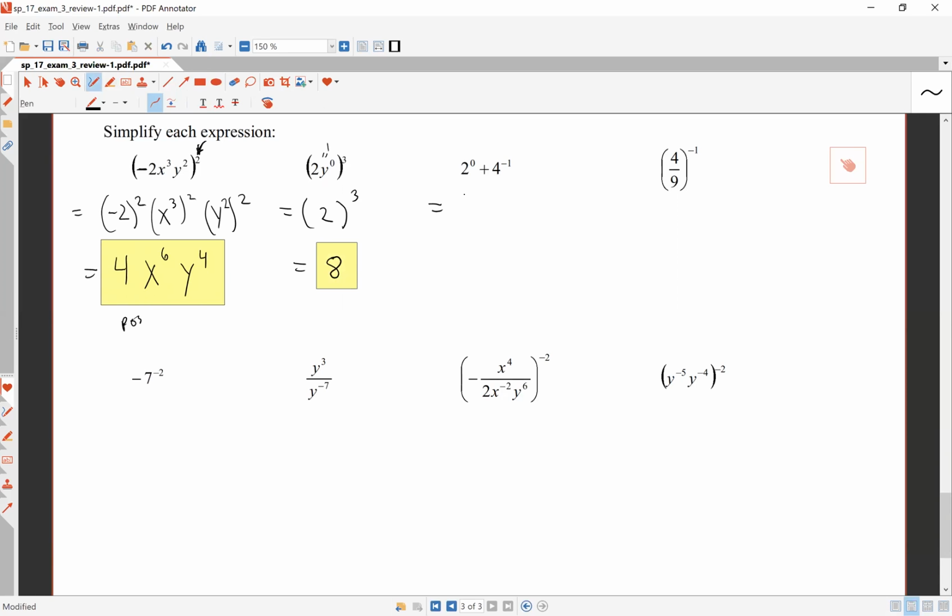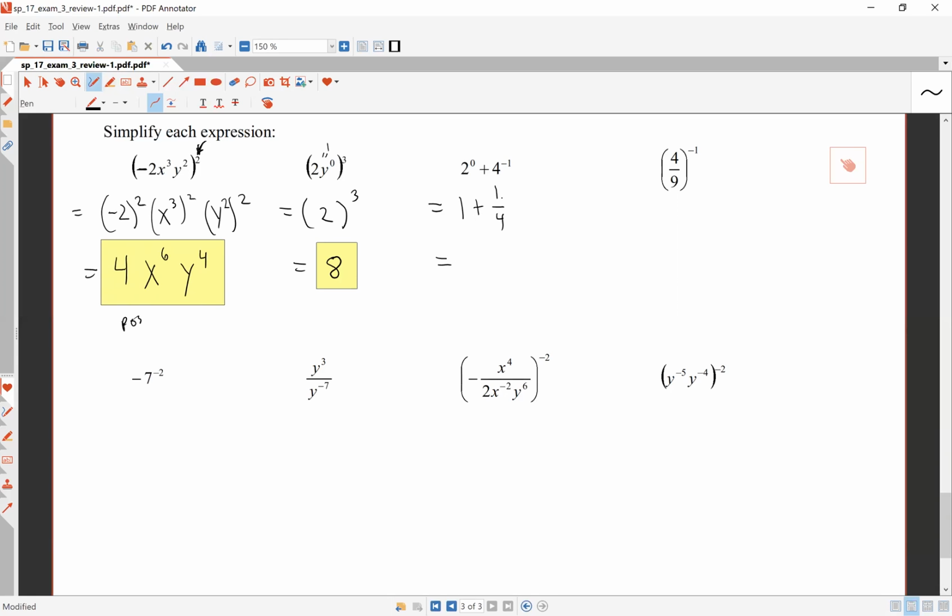Two to the 0 plus 4 to the negative 1. 2 to the 0 is 1. And negative exponents are reciprocal, so that's 1 plus 1/4. 1 plus 1/4 is 5/4.